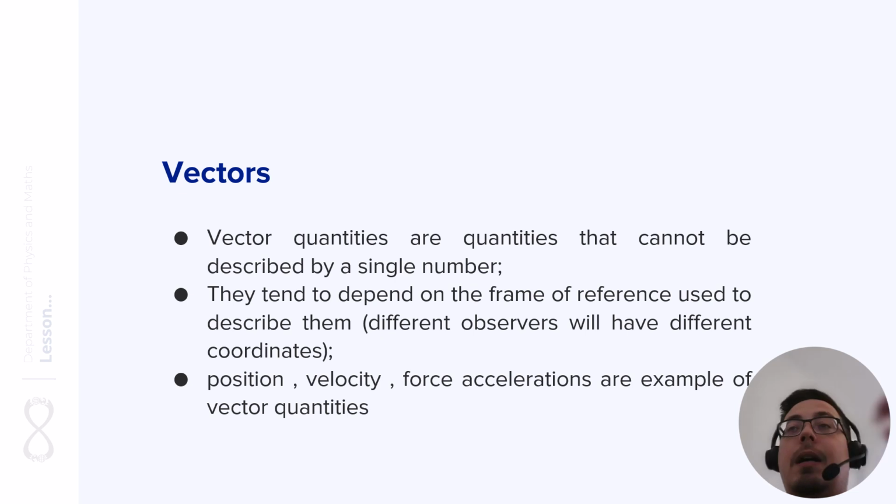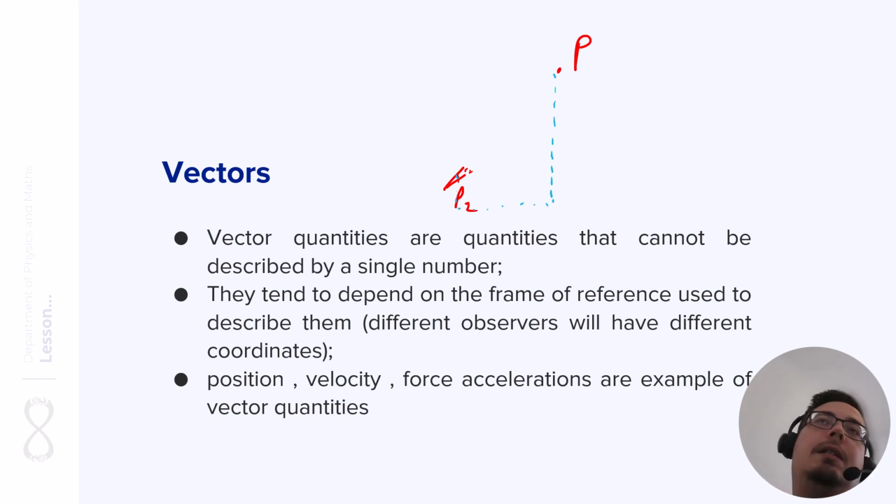Vectors are quantities that cannot be represented by a single number in general. For example, if you have a point P1, and you are an observer in point P2, you cannot locate P1 with respect to P2 with only one number. You need at least two numbers: this distance here, and the other distance here.